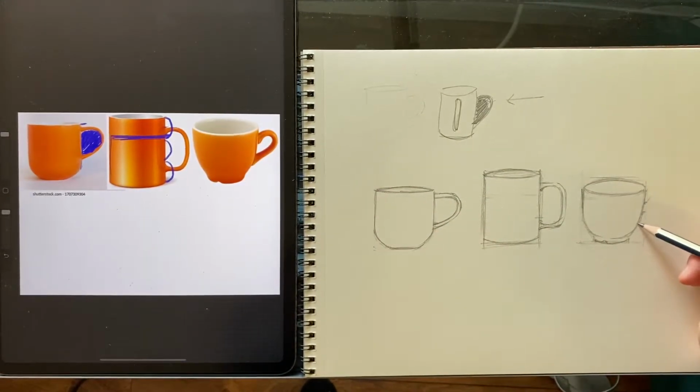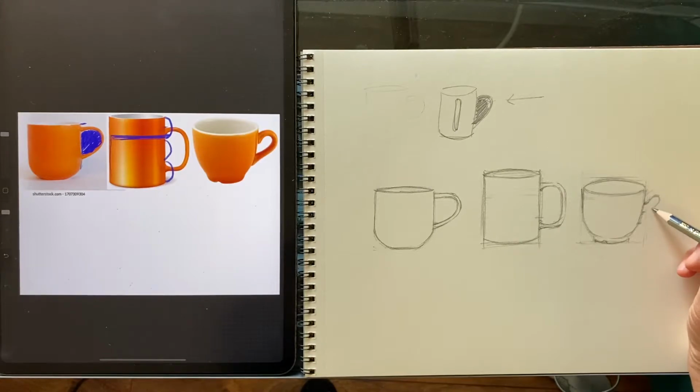Kind of. Then this part is kind of right here. So yeah, okay. I look at the shape of the inside, the negative space.